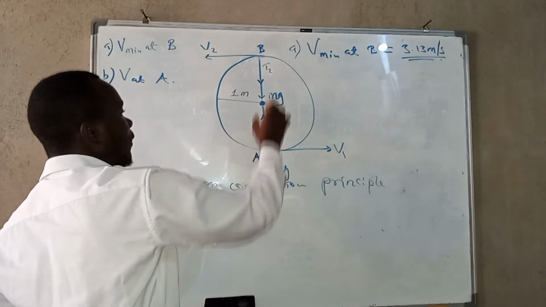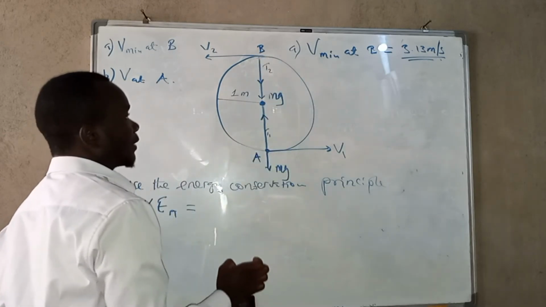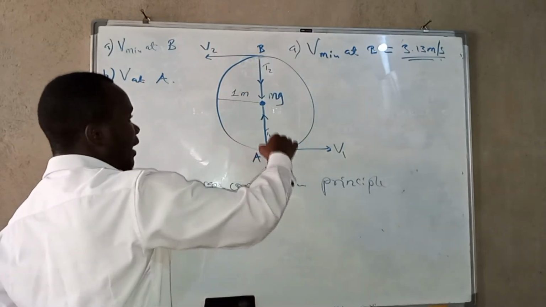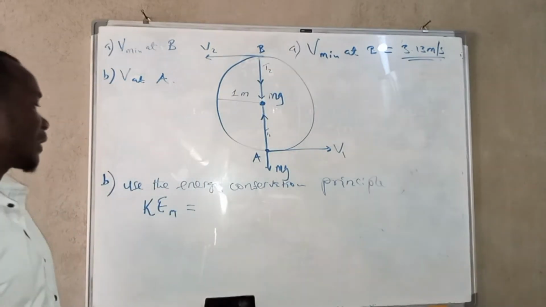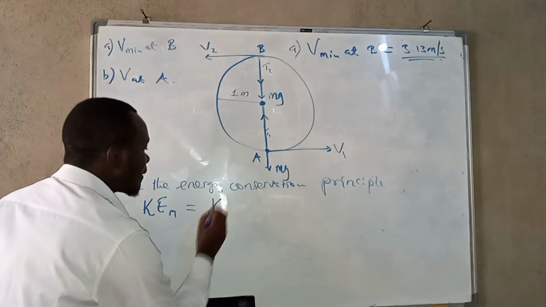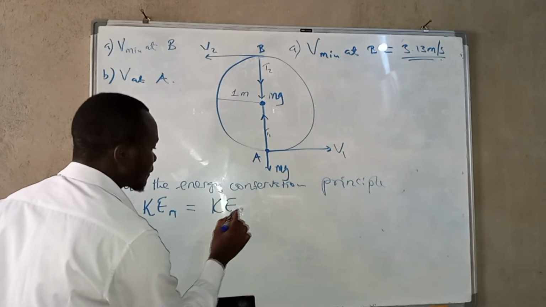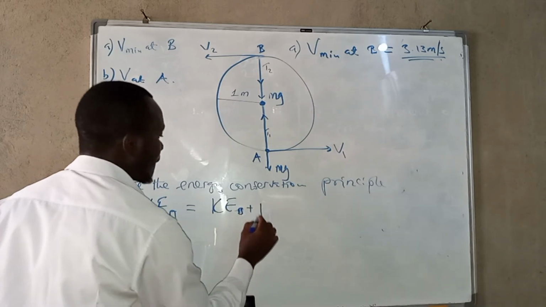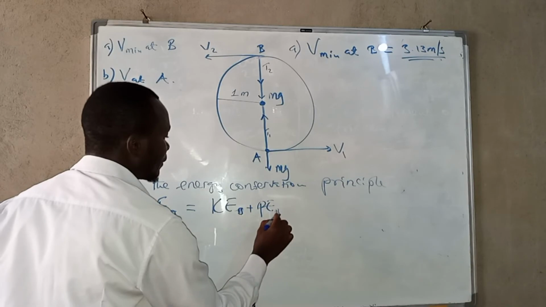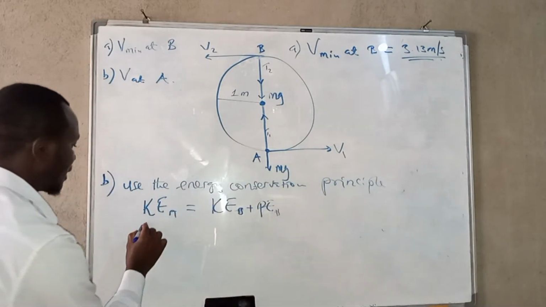But here we have both the potential energy, due to position, and as it moves there is also some kinetic energy. So it's equal to KE at B plus PE at B.